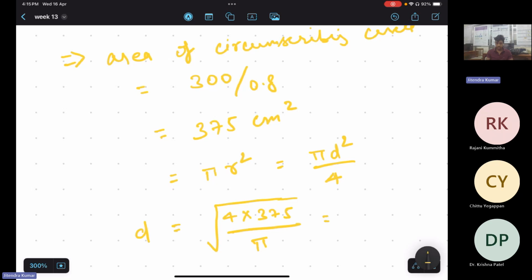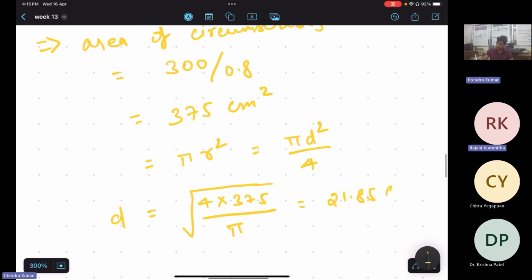Now we could calculate it. 4 into 375 by pi is coming out to be 21.85 centimeter.